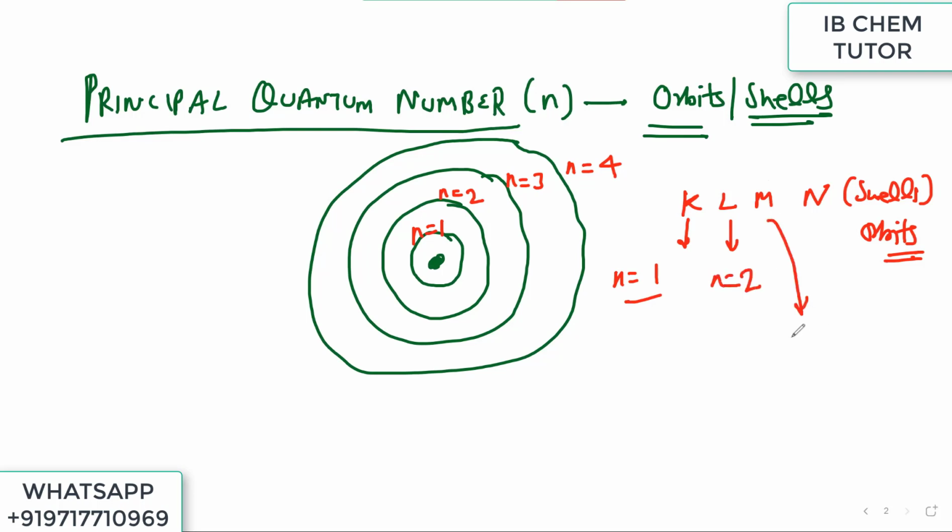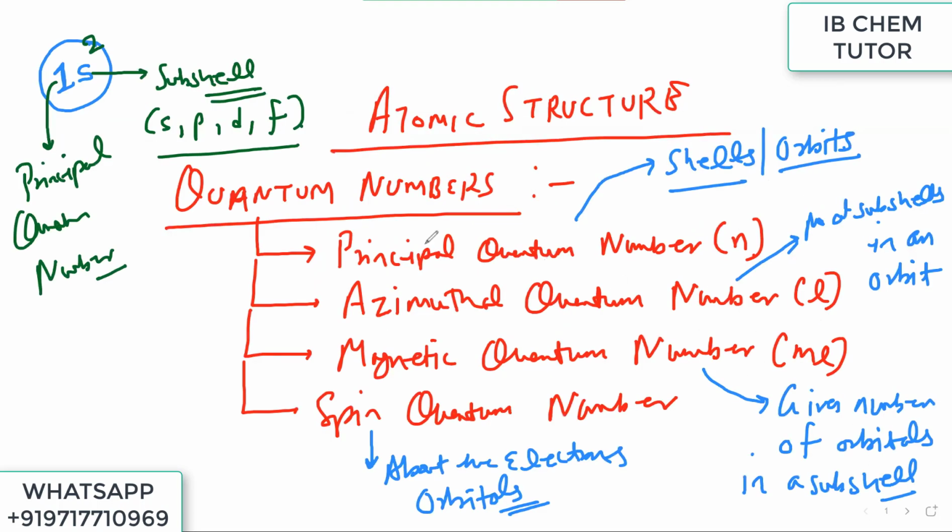For M shell, n is taken as 3. And for N shell, n is taken as 4. So this is principal quantum number. I think it's clear to you. So this is the first quantum number. So the first quantum number was principal quantum number that I have explained. Okay.